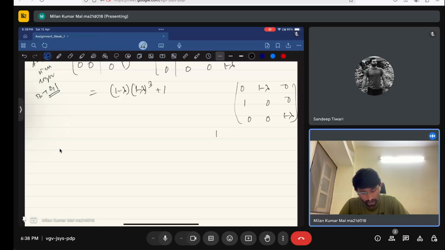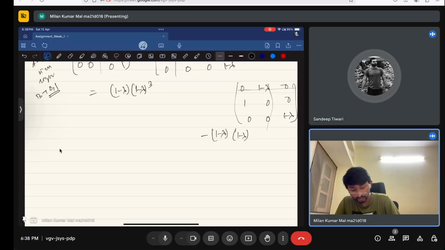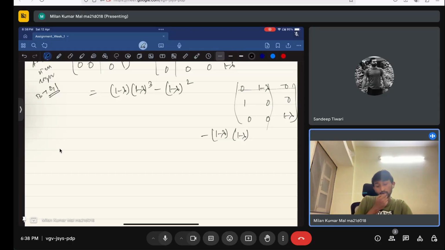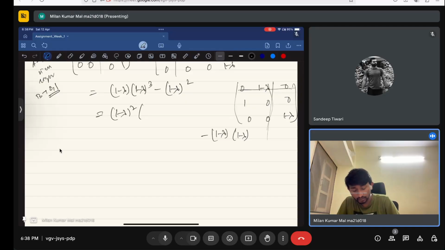Determinant of this matrix is 1 minus lambda minus of 1 minus lambda. So this one cancels out. So this equals 0, (1 minus lambda) cube minus lambda square, right? Minus 1 minus lambda, you have to cancel out this one. So we can take 1 minus lambda square and (1 minus lambda) whole square minus 1.